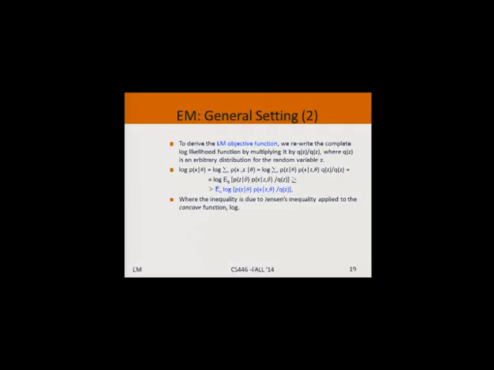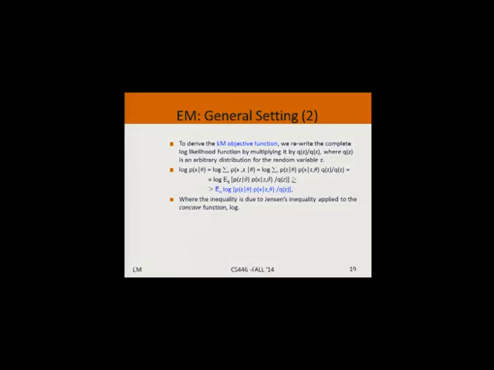Now notice that I can think about this as an expectation relative to qz. Right? So basically, this is qz times something. So it's an expectation relative to q of this something. And this something is p of z given theta, p of x given z and theta, divided by q of z.